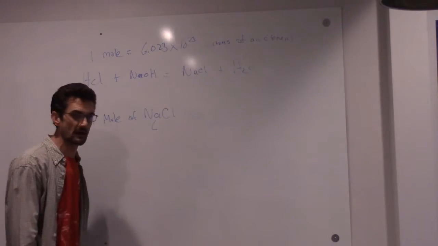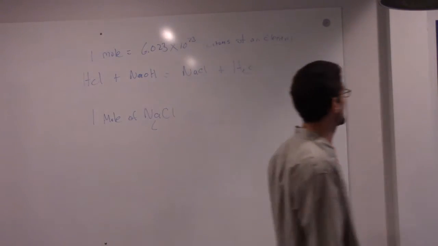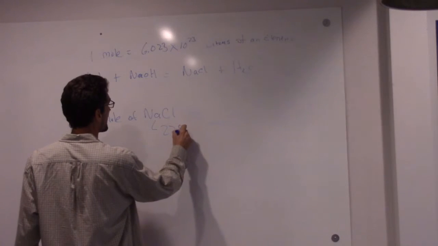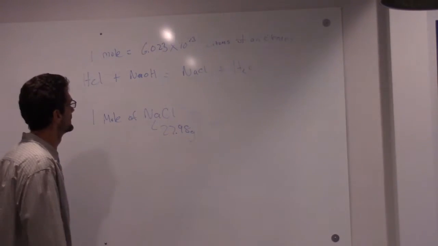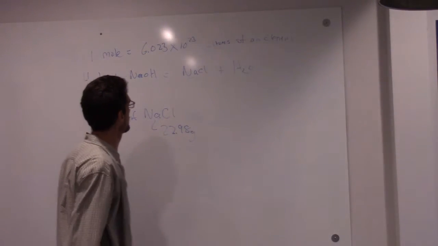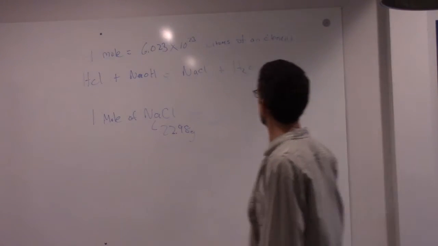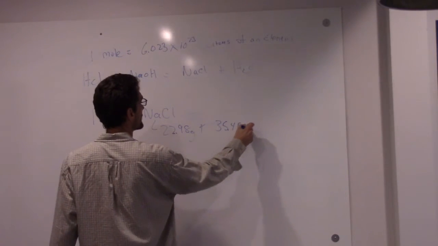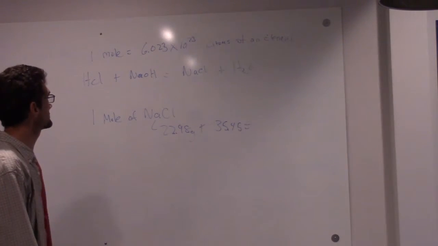Sodium, what does sodium weigh? It weighs 22.98 grams. What does chlorine weigh? Chlorine weighs 35.45. So what's its molecular weight? I don't have a calculator.